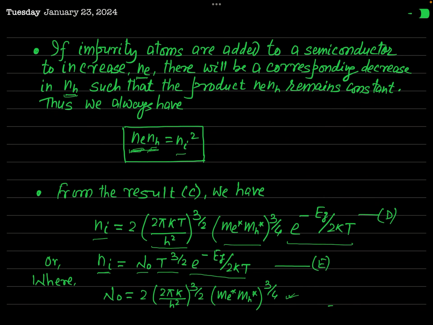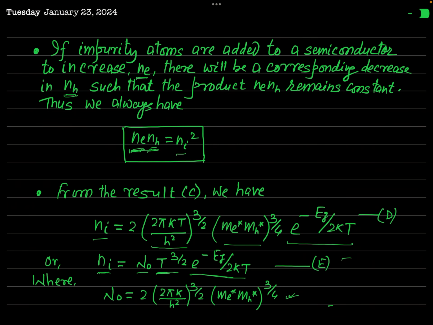So if Eg is larger, Ni will be smaller at a particular temperature. And with a rise in temperature T, Ni will increase very rapidly, because T is present in two factors: T to the power 3 by 2, and again in the exponential factor. At both places, if T increases, the value of the RHS will increase, and so Ni will increase.